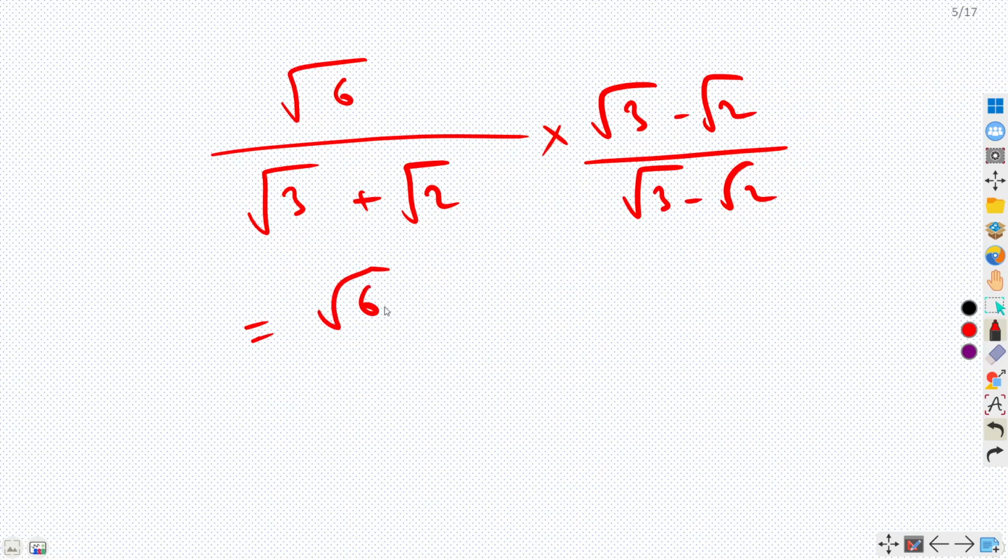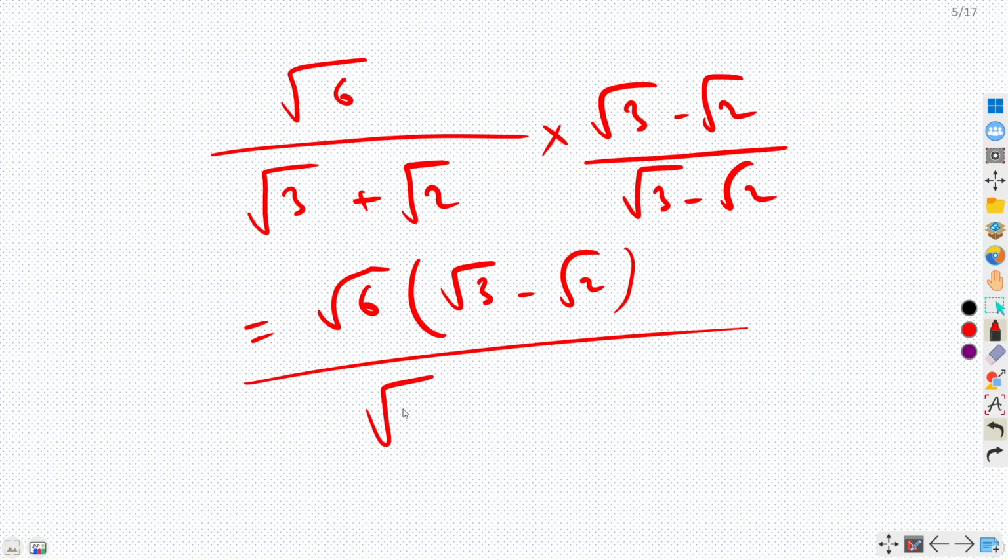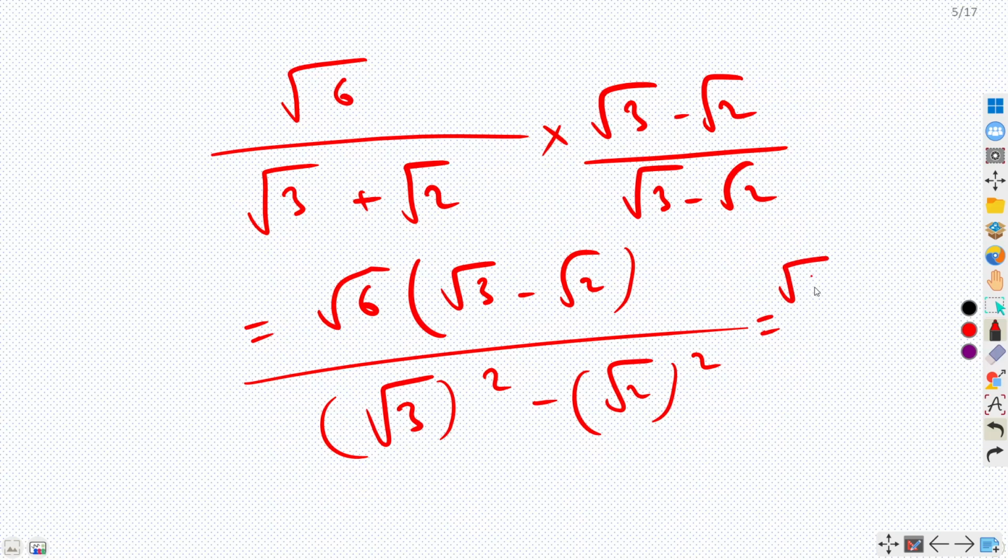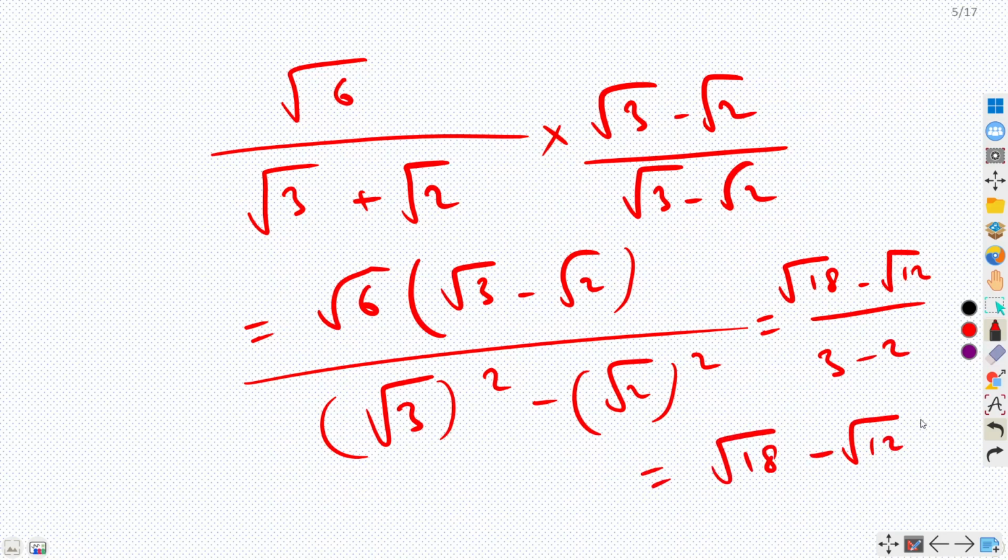If we multiply this, root 6 into root 3 minus root 2 divided by root 3 square minus root 2 square. Now from here we will get root 18 minus root 12. Now 3 minus 2 is nothing but 1. So from here we got root 18 minus root 12. So this is the third one.